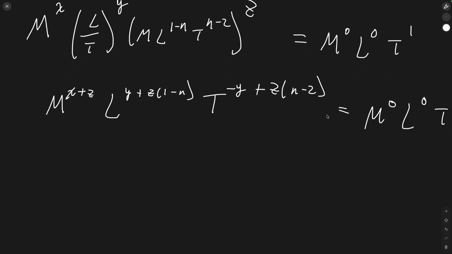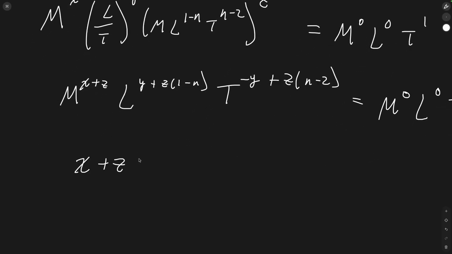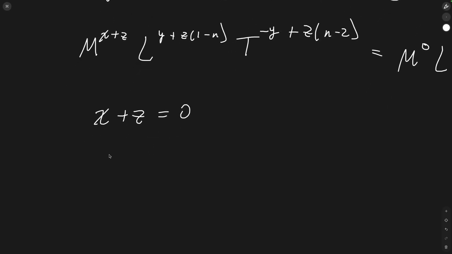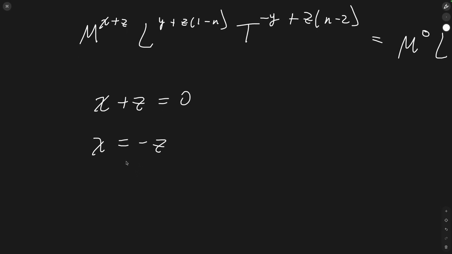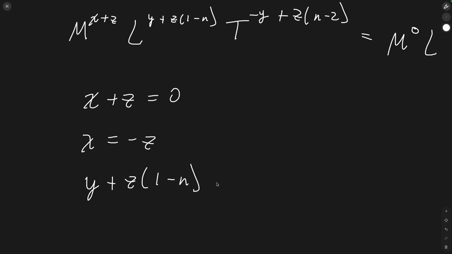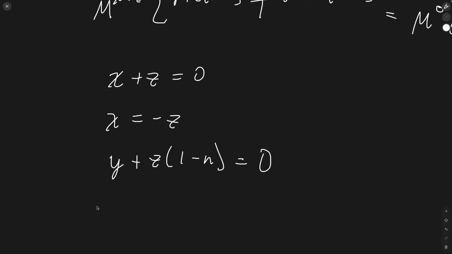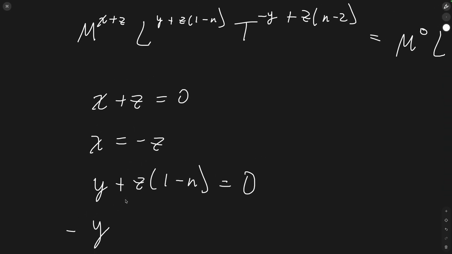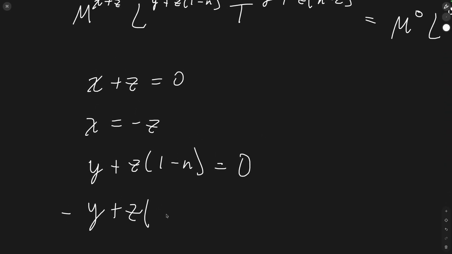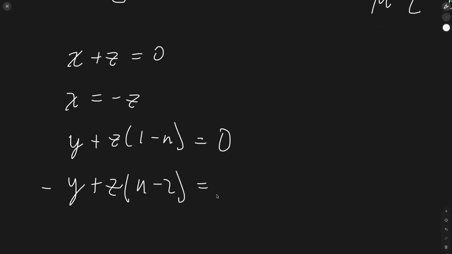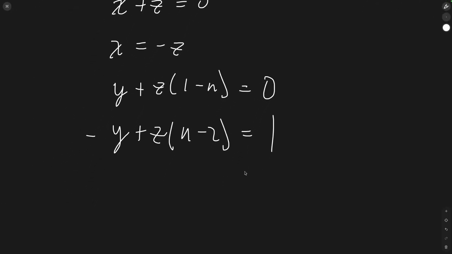So x plus z equals 0. Let's write x equals negative z. y plus z times 1 minus n equals 0. And negative y plus z times n minus 2 equals 1. Cool. So what I'm going to do now is take this equation and add it with this equation, right?